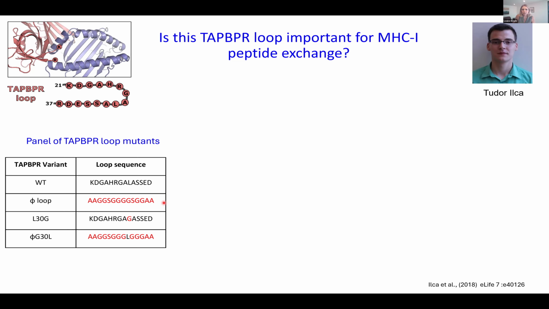And Tudor was also particularly interested in a leucine residue that was found at position 30 of TAPBPR in this loop region. So he made a specific mutant, L30G, in which he mutated the leucine at position 30 to a glycine. And then we also made a loop variant in which we had the dead loop, but then we reconstituted the leucine residue alone back into the TAPBPR loop region.